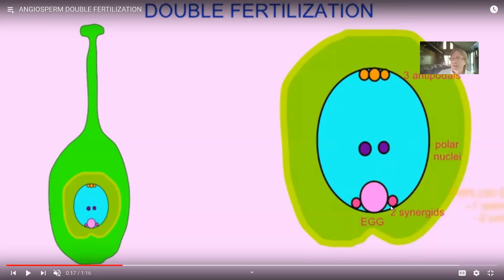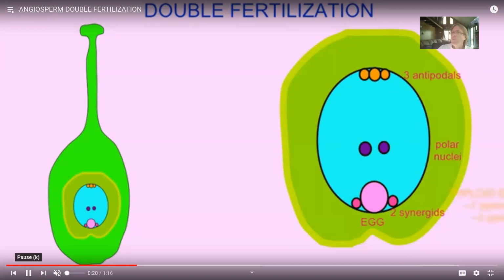Neighboring the egg are two cells called synergids. At the opposite side are 3 cells called antipodals. And then there is one cell that has 2 nuclei called the polar nuclei. And so if you were to ask how big is the female gametophyte, well, it has 8 nuclei, but 7 cells, because here the polar nuclei exist together in one cell.